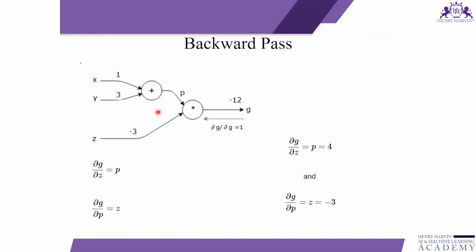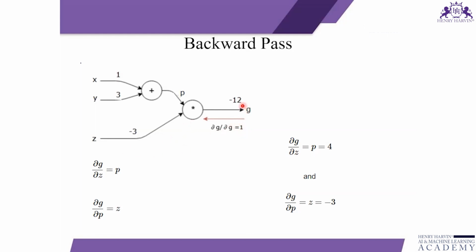This is what we have seen in the previous slide, that these two get added and we got P as 4, and this is minus 3, and when you multiply that we get the answer as minus 12. So G is minus 12. If I perform dou G by dou G, what will be the answer now? Yes, you're right. It is equal to 1, right?